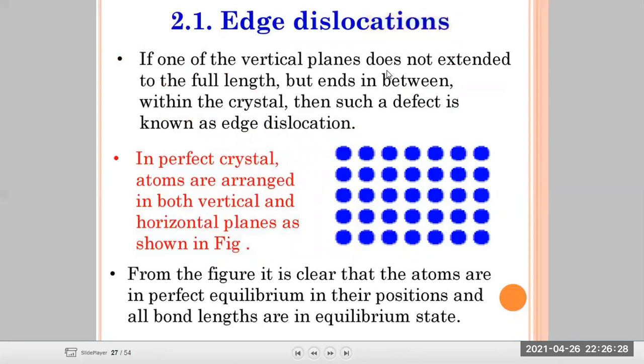If one of the vertical planes does not extend to the full length but ends in between in the crystal, then that defect is called edge dislocation. You can see that one of the vertical planes is not extending to the exact full length, so we say that this particular dislocation is an edge dislocation. In a perfect crystal, you can see in the schematic diagram that the atoms are arranged in this particular format.